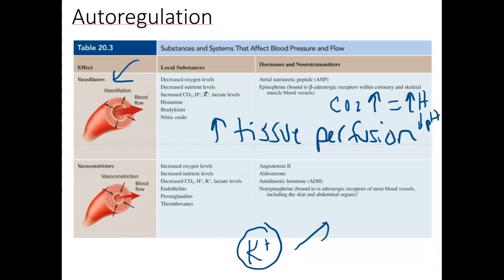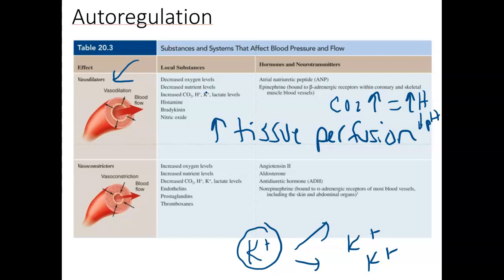So when a cell dies and it ruptures, it releases that potassium. So if your potassium levels are elevated in an area, it's usually a sign of cell damage. And then lactate levels would be elevated if we didn't have enough oxygen in the area. Because remember, if we're working anaerobically, then we're going to produce lactate. So these are all signs of tissue that needs more blood.